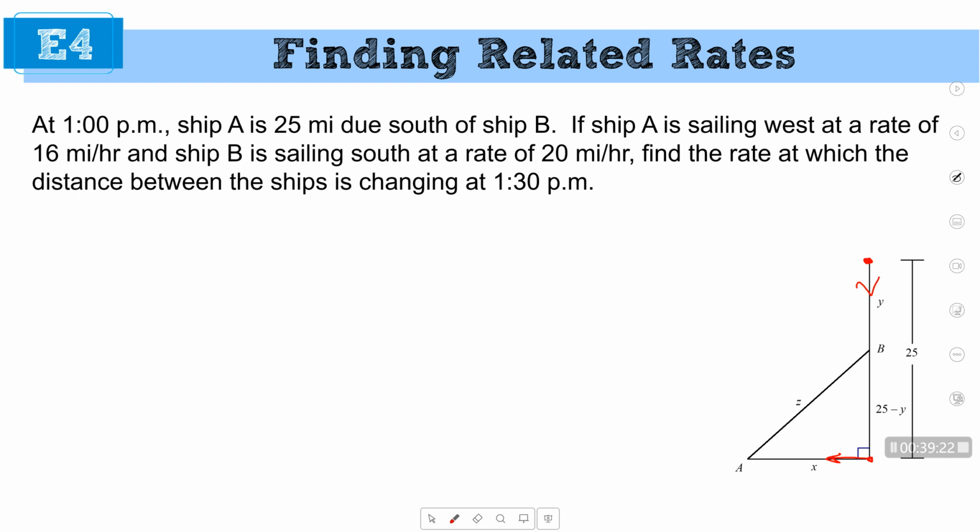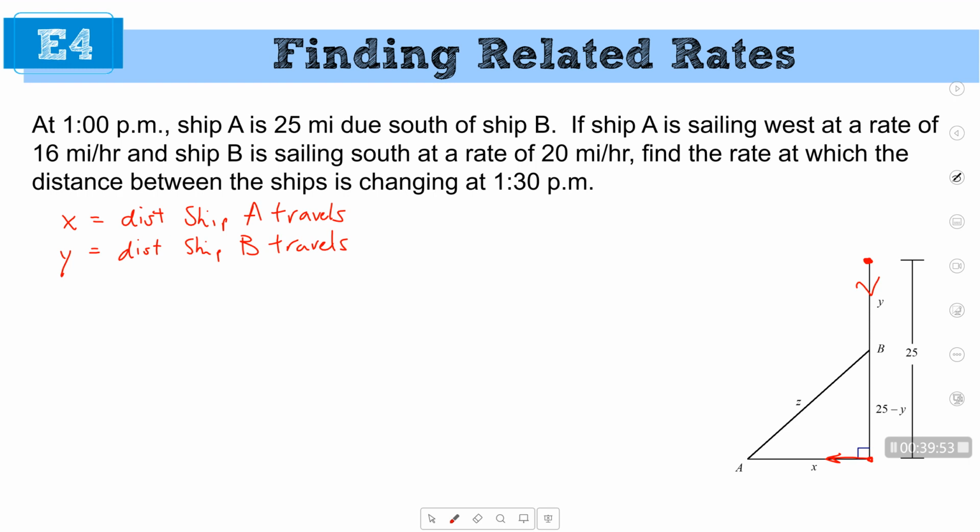Step 1, draw a picture. Did that already. Step 2, variables. I chose x to represent the distance that ship A travels. I chose y to represent the distance ship B travels. Okay, so let's stop for a second.